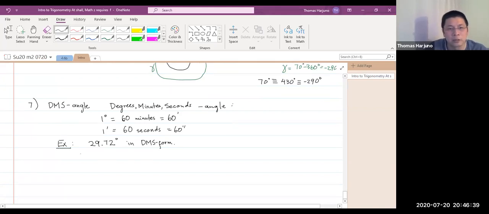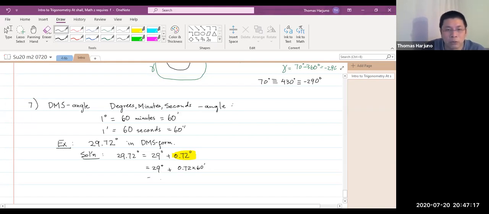The 29.72 degrees is actually 29 degrees plus 0.72 degrees. Now, we will change this decimal part of the degrees into minutes by multiplying it by 60 minutes. So 0.72 times 60 minutes.